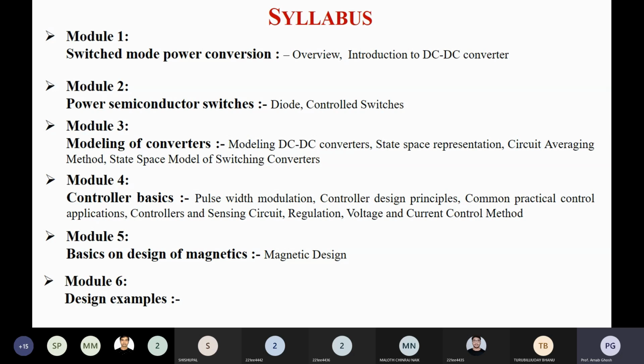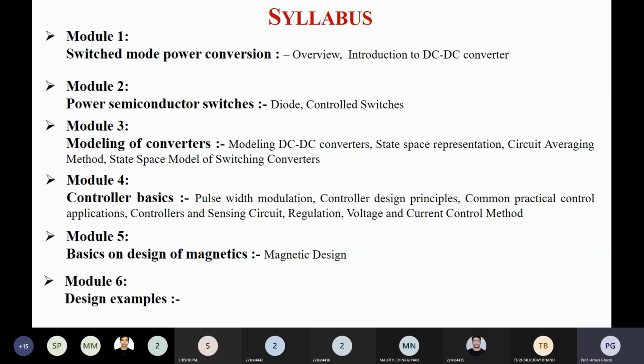How do you design the controller of your system, and the basics of designing magnetics. These subjects are normally important when you are designing or modeling your switching converter.